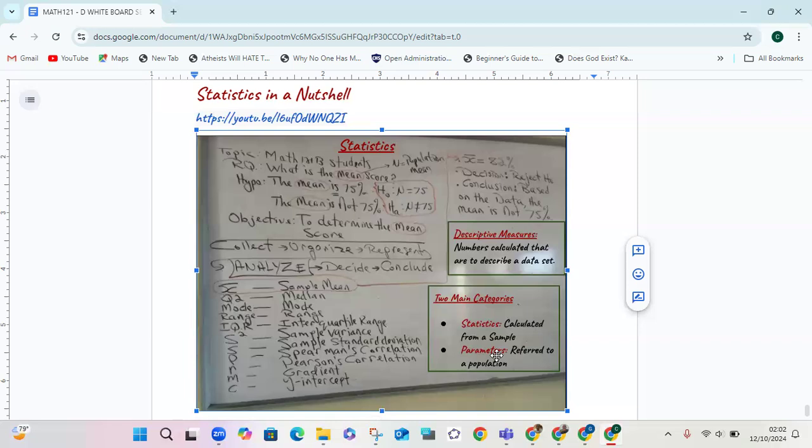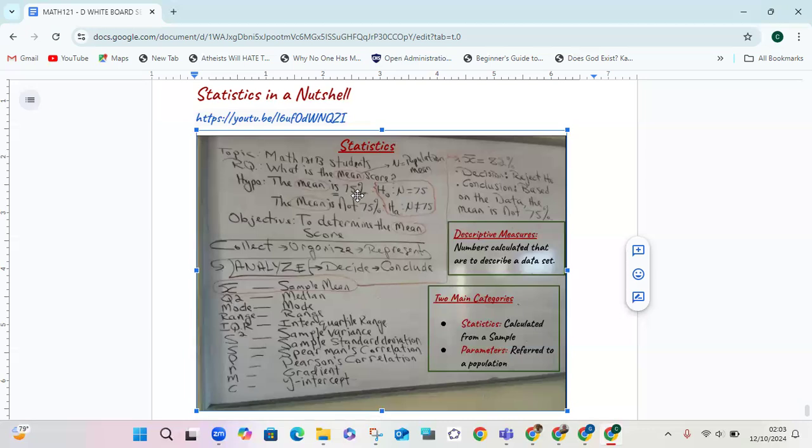So parameters are all times mentioned in the hypothesis. When the question is posed, it is posed about the population, and the moment you just mention a number, you have hypothesized, and this number now has to be proven to be true or not using a sample number. So it's all about approximation to what is exactly happening out there.